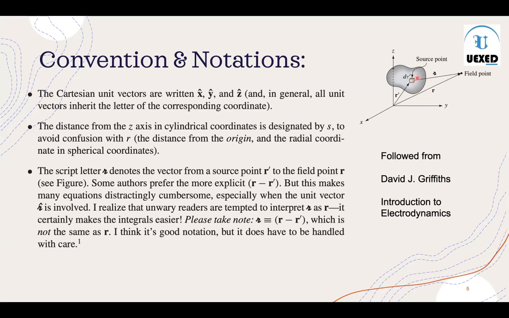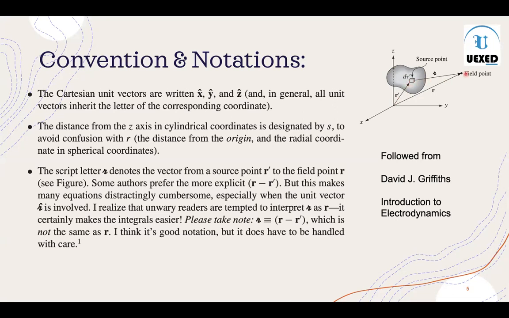If you have a source point which creates some charge, let's suppose some charge is staying here, so this is the source point. If I want to represent the field point here, then with respect to this xyz coordinate system, this is the r vector, the position vector for the field point, and r prime is the position vector for the source point.